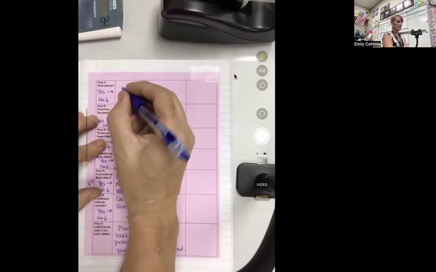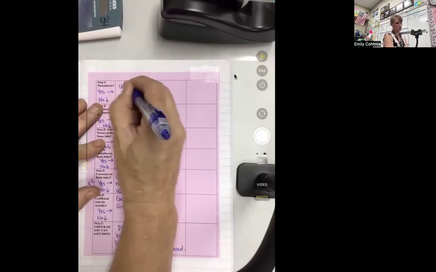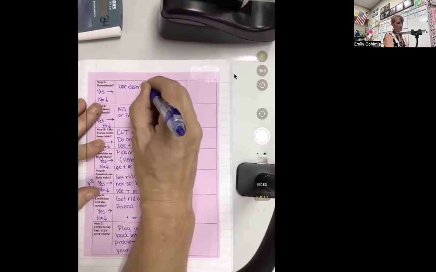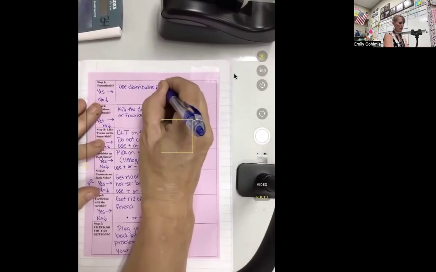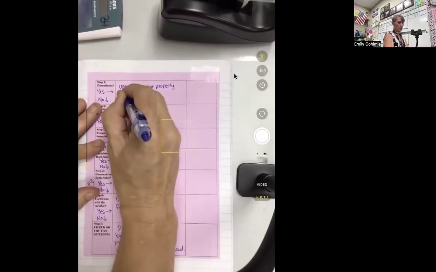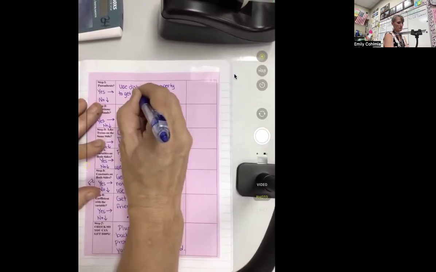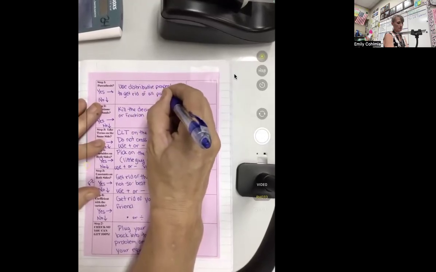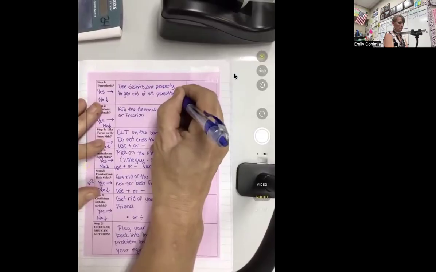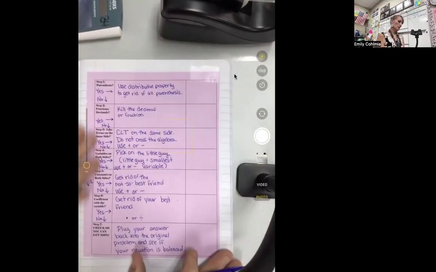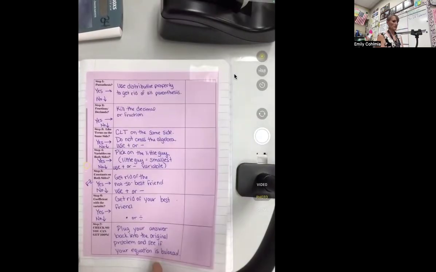So in the parentheses step, we are going to use distributive property to get rid of parentheses.